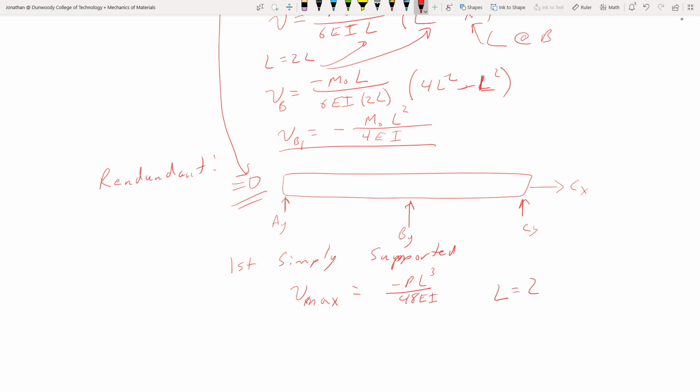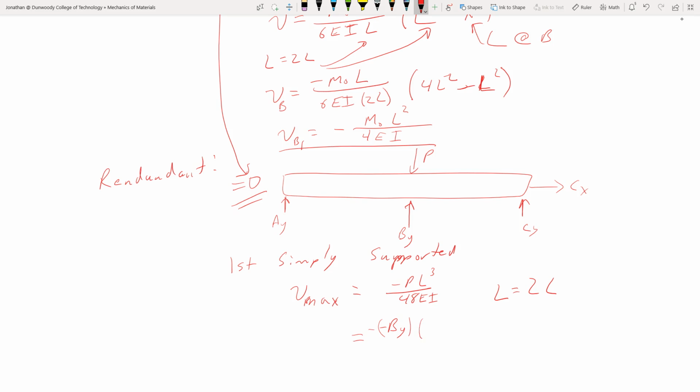L is going to be 2L, right? We're going to sub 2L into that guy. So our deflection from that is going to be BY as our P. So we're going to have negative BY because in the diagram P was down. So we're going up, so we're going to have a positive BY.